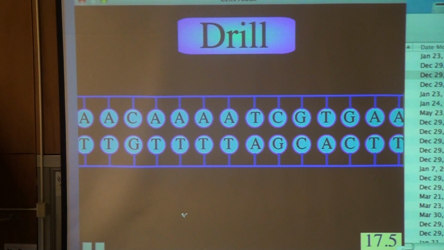ACA is THR, which is threonine. What's the second amino acid going to be? AAA. And where is that on our chart? Here it is. Lysine is this particular amino acid.